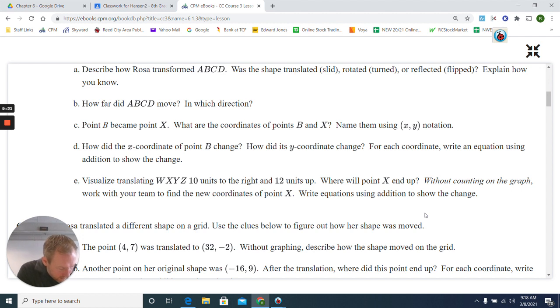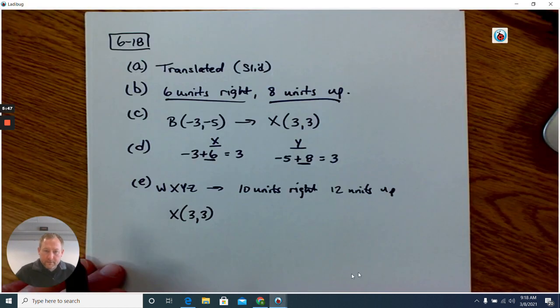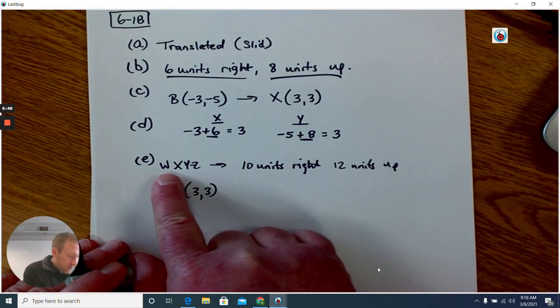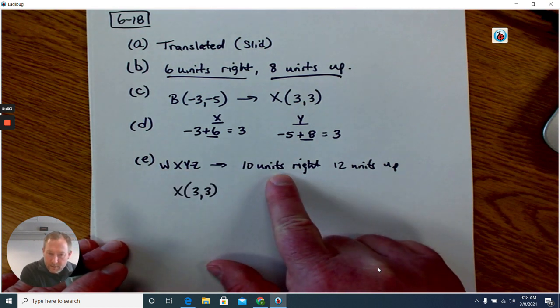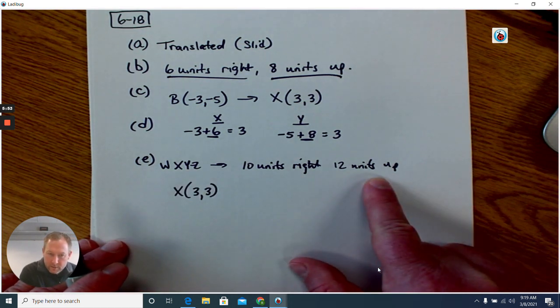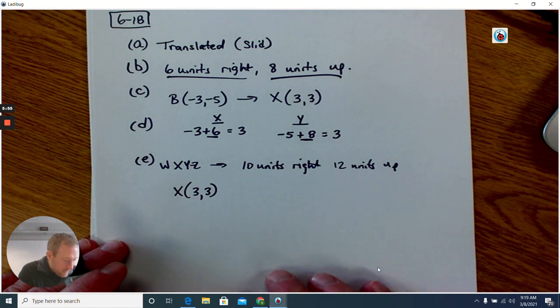Don't really want to graph this, so it's helpful to know what's going on. And then it says, where will point X end up? So let's first write down point X is 3, 3. That's from before. So here goes. WXYZ is moving 10 units right and 12 units up. So where will this one end up?